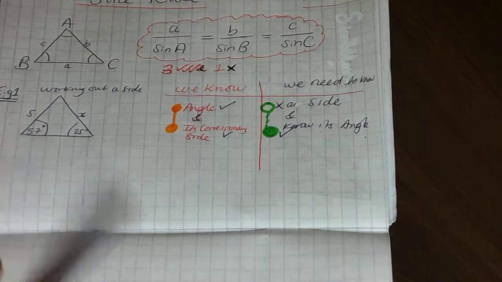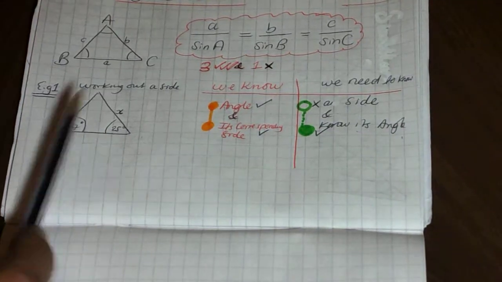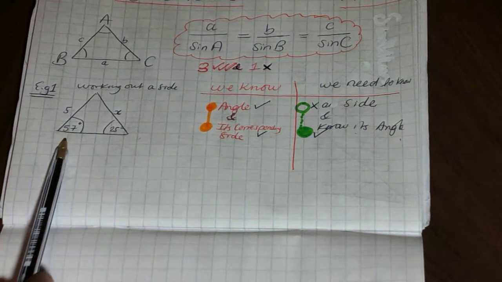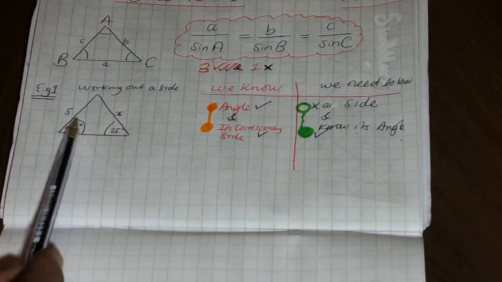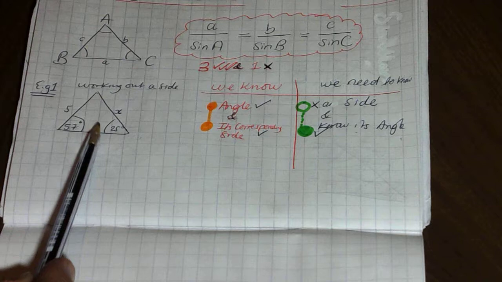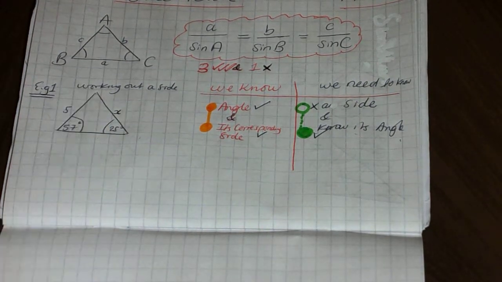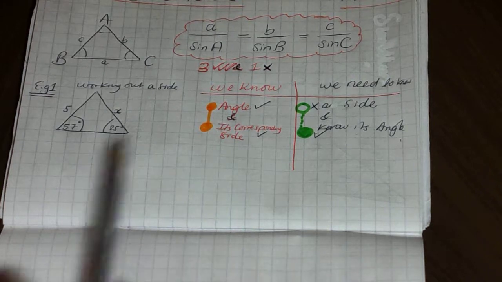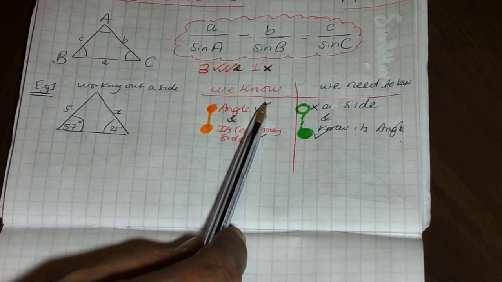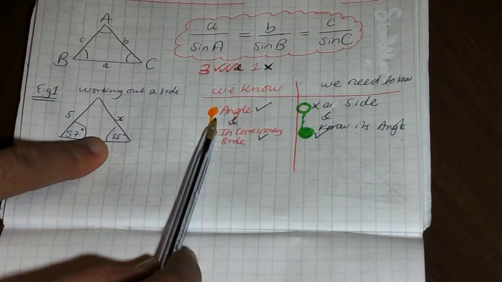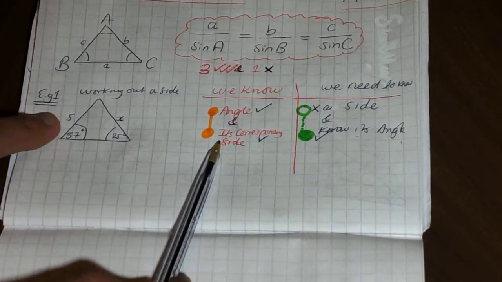Okay, now here's our example number 1. We need to work out this length here, x. We've been given its corresponding angle, and we know another angle, and we know its side. So if you look at this table here, we know an angle and we know its corresponding side over here is 5.